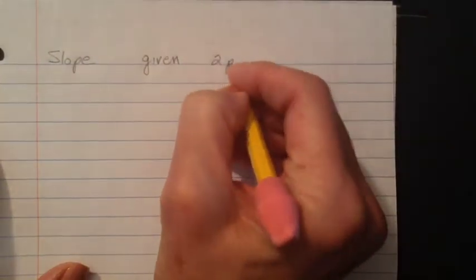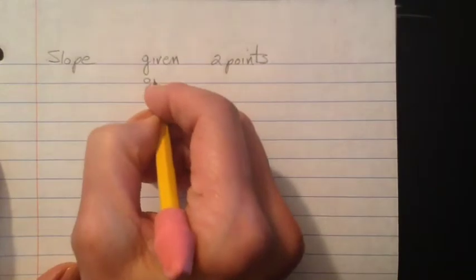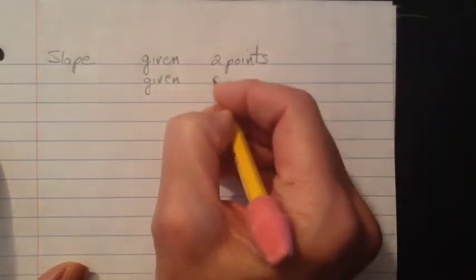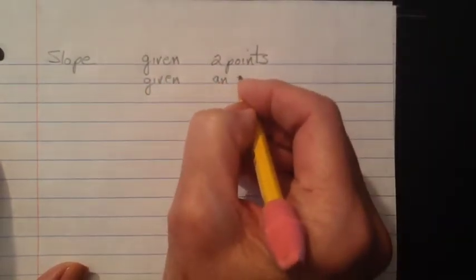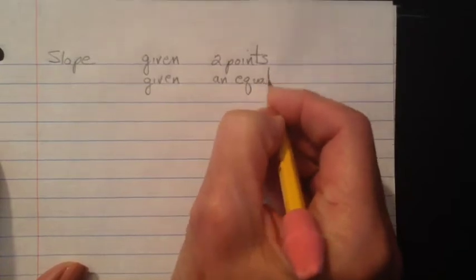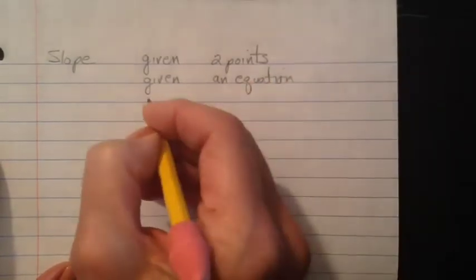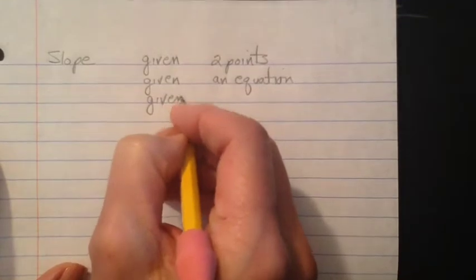We can find the value of the slope of a line given 2 points, given an equation, or given a graph.